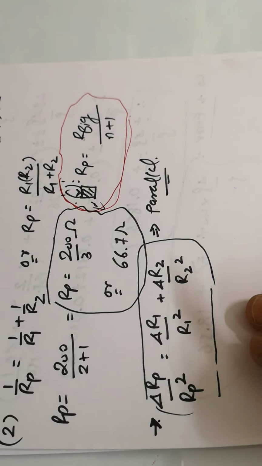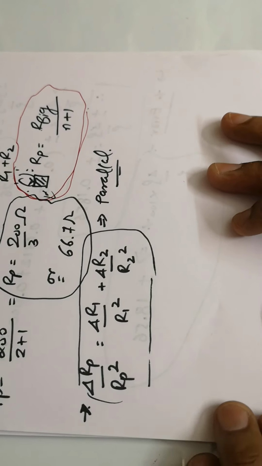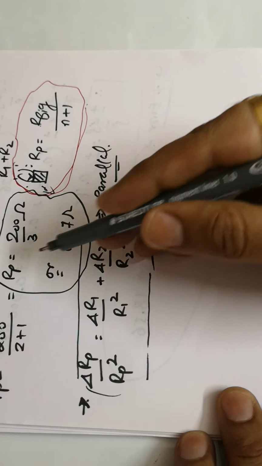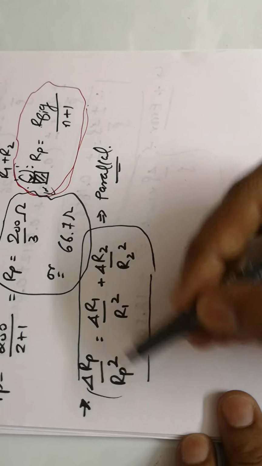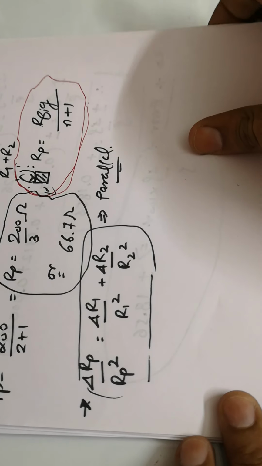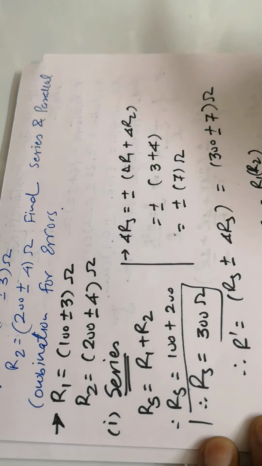So what I am doing is calculating such type of part for you. Be careful whenever you are putting its values. We have already calculated the parallel part, we will place it over here. Delta R1 we have is 3, delta R2 is 4.